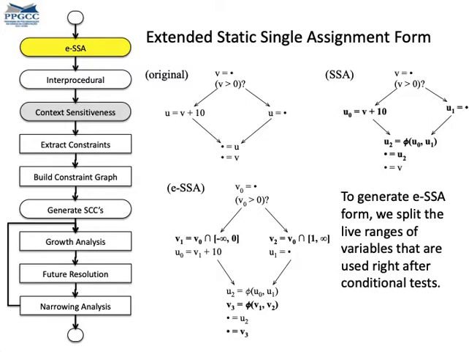In this example, we create two new variables, v1 and v2. v1 exists in the true part of the branch, and v2 in the false part here. We need a phi function to join the life range of v1 and v2. And we use these intersections here with predefined ranges to constrain the possible ranges of v1 and of v2.